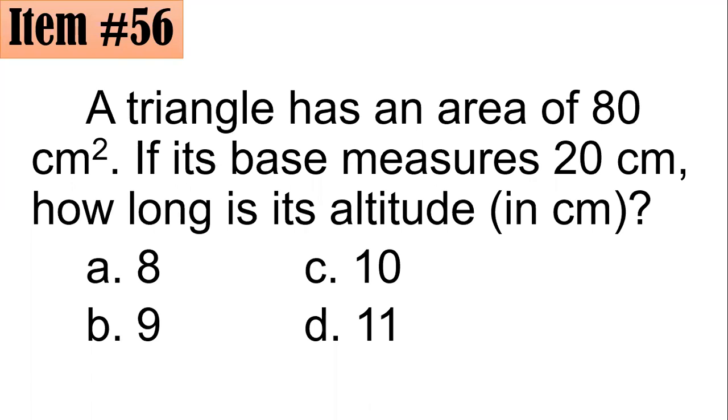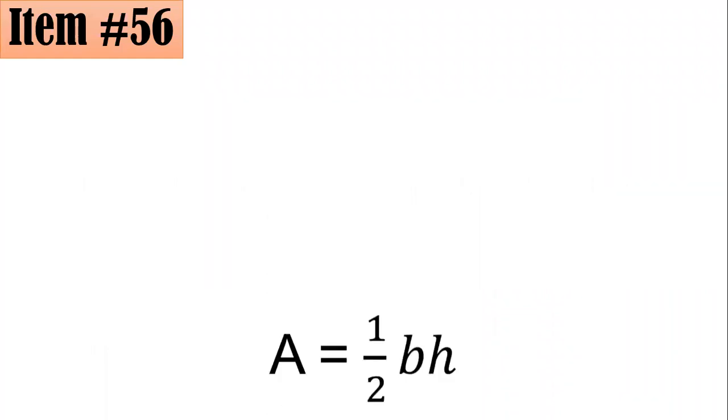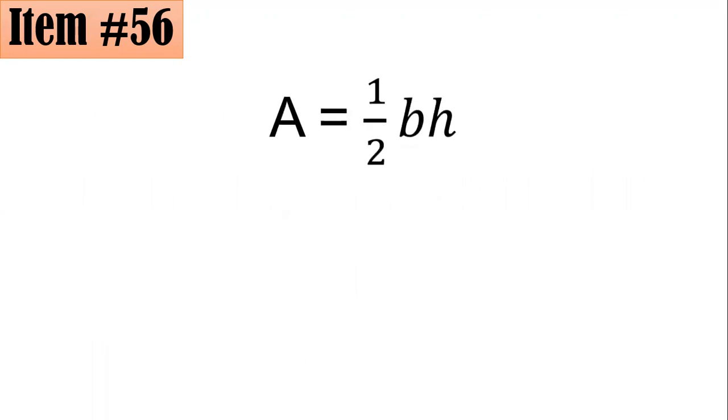Okay, sabi ni Ma'am Ayla, ni Ma'am Judy, ni Ma'am Catherine, ni Sir Kim, ni Sir Freddy, letter A, the same with Ma'am Lois, with Sir PJ as well. And let's see kung tama. We know that the formula for the area of a triangle is A equals 1/2 times BH, where A represents the area, base is B, and your H is your height.